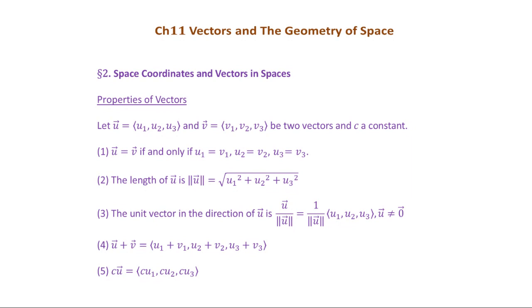And u plus v, vectors add together, just add the components separately. So u1 plus v1, u2 plus v2, and u3 plus v3. You can also multiply c with the vector u by distributing the number c to the components of u. So it's cu1, cu2, cu3.